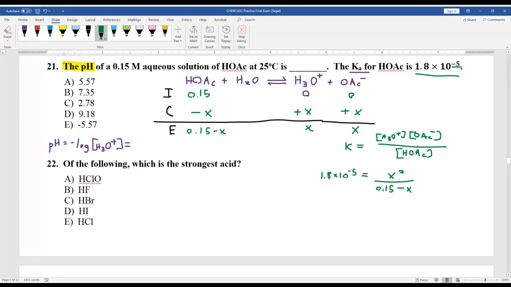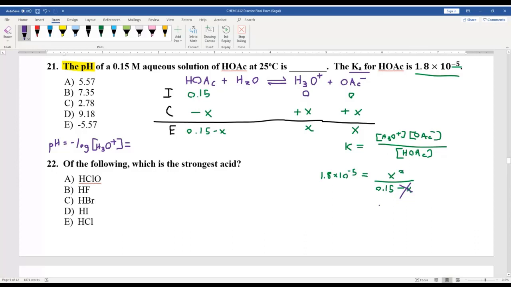If this is 10 to the negative fifth or less, you can ignore that minus x. 10 to the negative fourth, sometimes you can ignore it, sometimes you can't. You gotta check it. Anything 10 to the negative third or greater, you're probably gonna have to use the quadratic equation. Because if I can't ignore that x, I have to use the quadratic equation, but chances are your professor is not going to give you a question on the final exam that requires you to use the quadratic equation. So in all likelihood, yeah, that's going bye-bye.